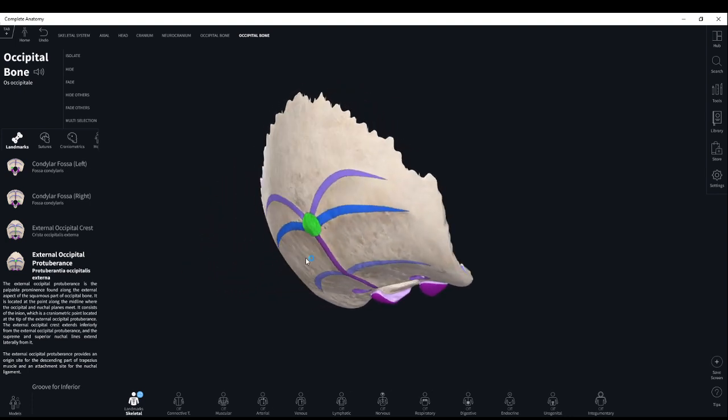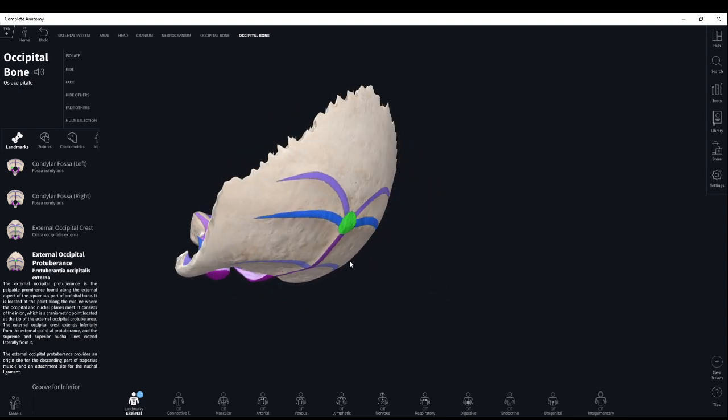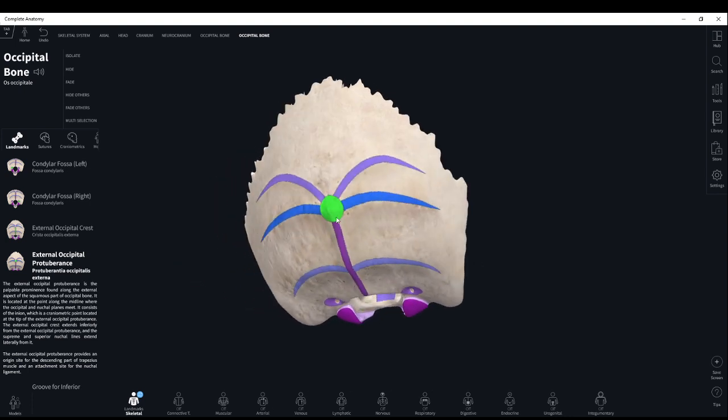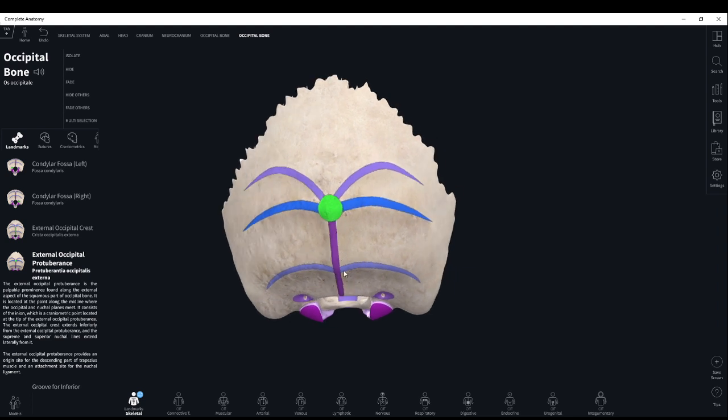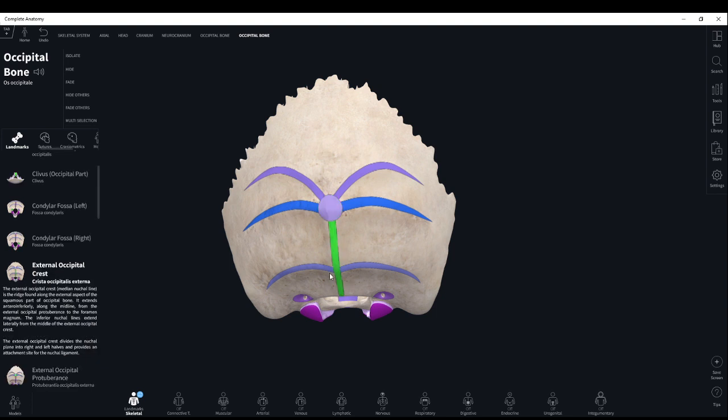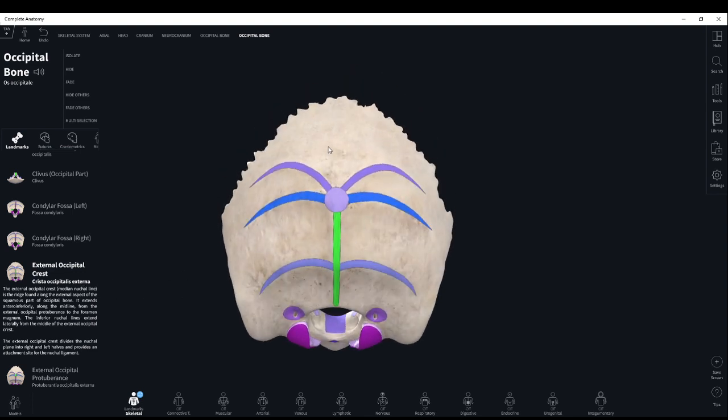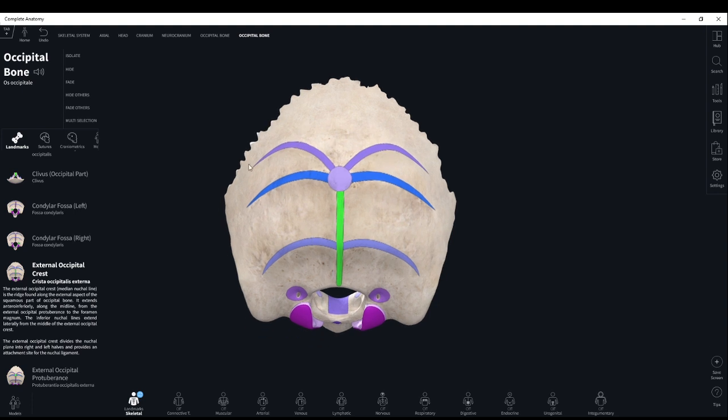It is also the point of attachment of several muscles. Directed downward from this protuberance, we have a crest called the external occipital crest, crista occipitalis externa. All of these form the posterior surface of the occipital bone.